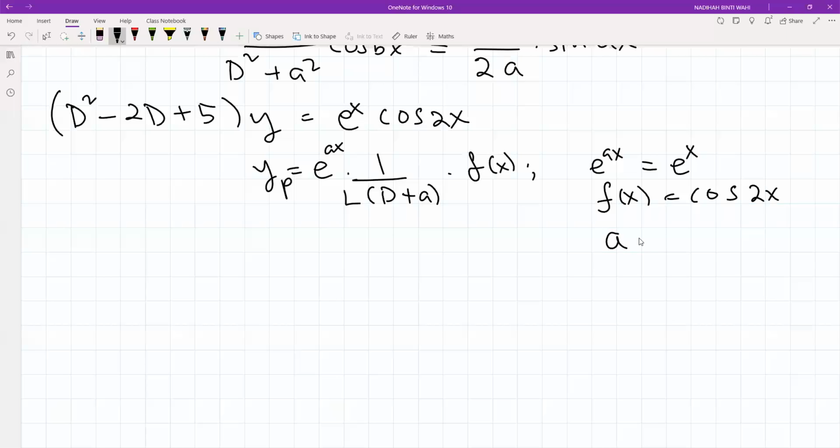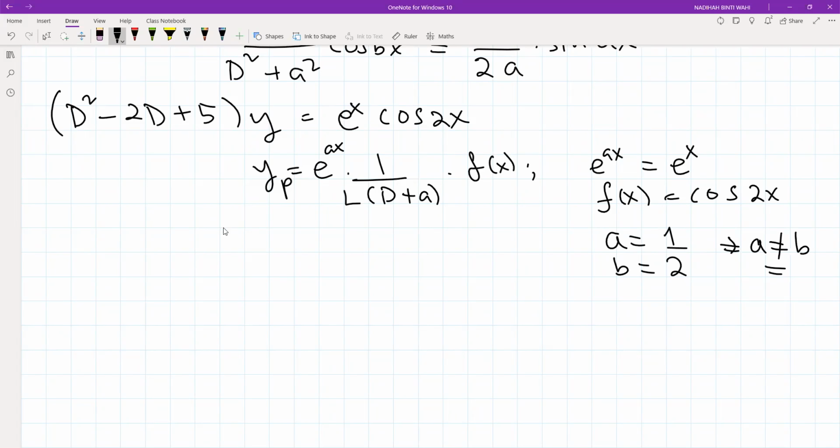Okay, A sama dengan 1, B sama dengan 2. So in that case, A is not equals to B. So bila A tak sama dengan B, so kita boleh guna formula tu.